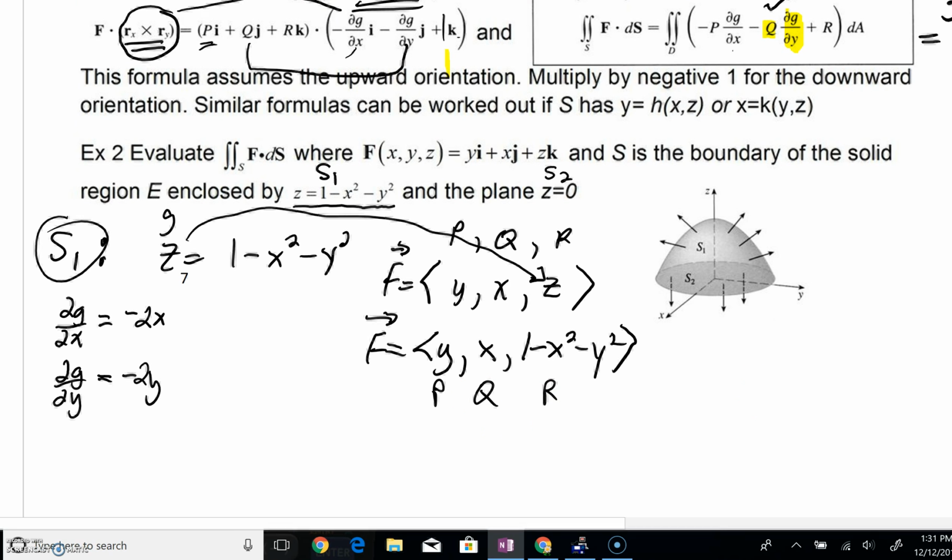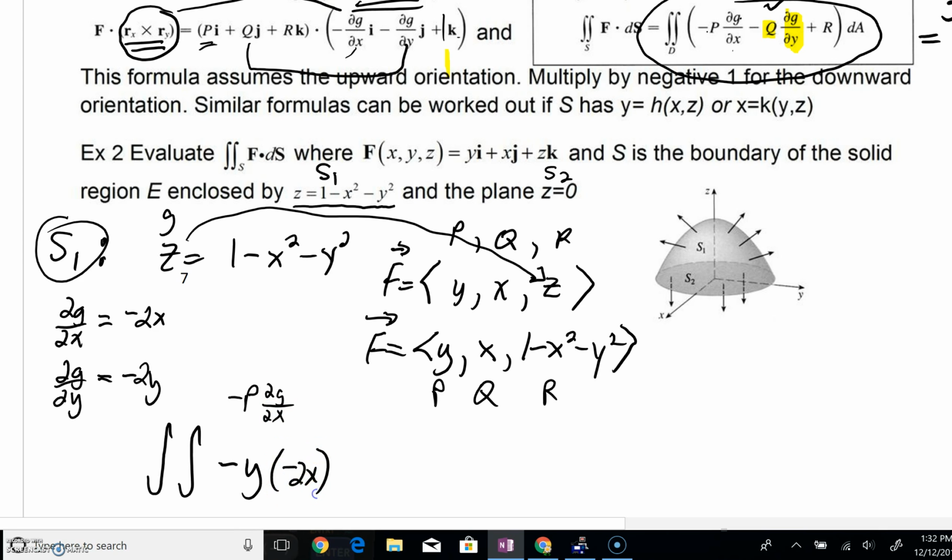Now, what we can do right up here, if you look at the very top of the screen, is say that this flux is going to be a double integral, and we're going to say negative P times the partial derivative of g with respect to x. So we'll go negative P, that's negative y, writing up above here, and then we'd have the partial derivative of g with respect to x. That'd be negative 2x right here.